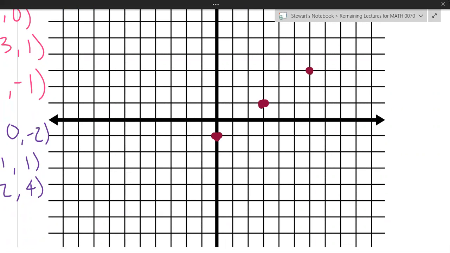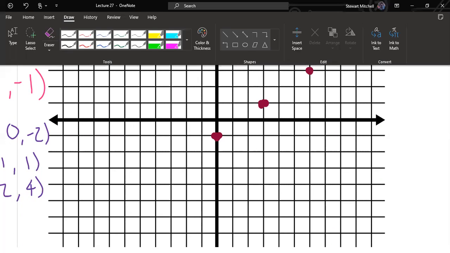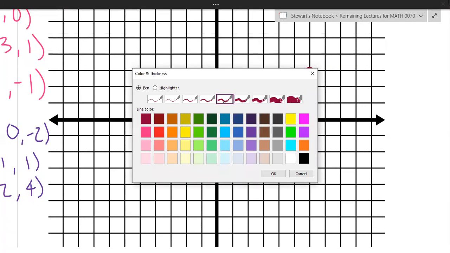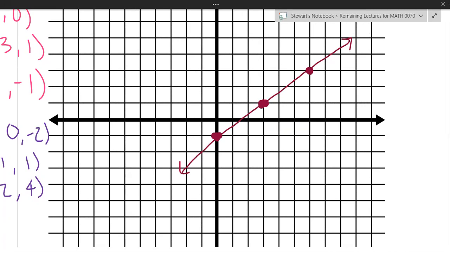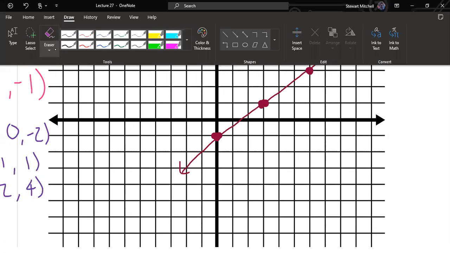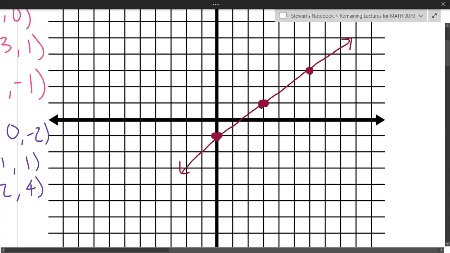So we go over to the right 6, up 3 for that point. And then we just have to draw our line through those points. And that is our graph of the equation y equals 2/3 x minus 1.